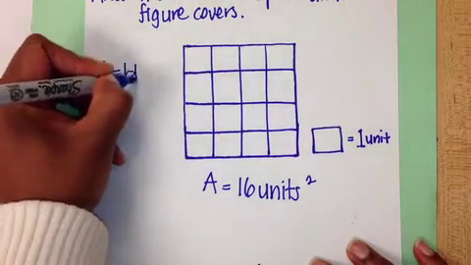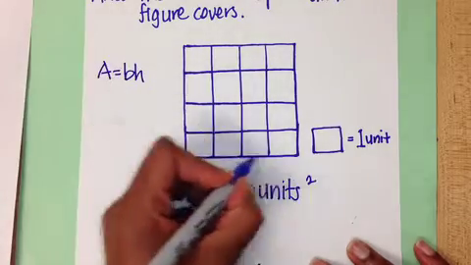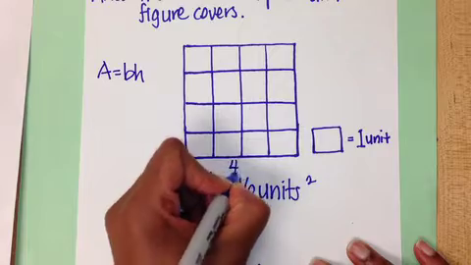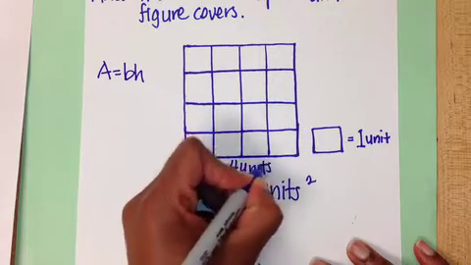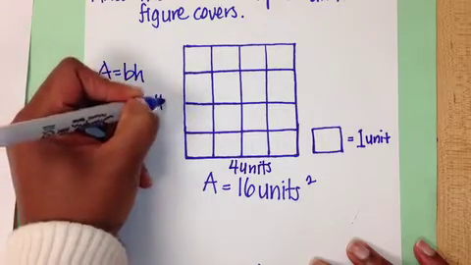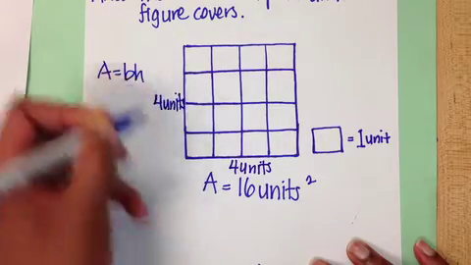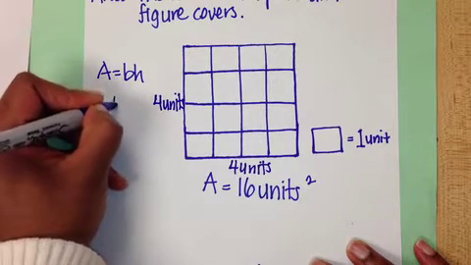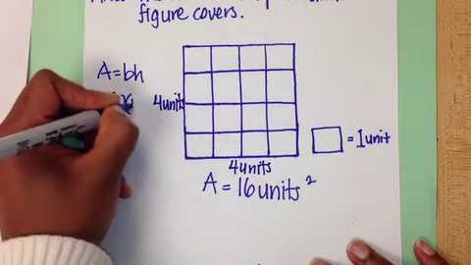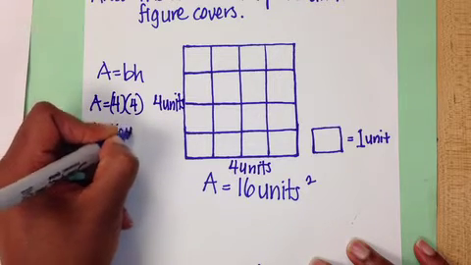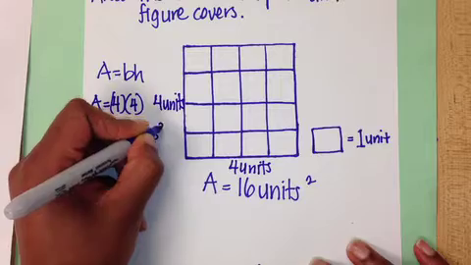We have our base, which is 1, 2, 3, 4 units, and we have our height, 1, 2, 3, 4 units. All we have to do is plug that in. So we have A equals 4 times 4, and that gives us 16 square units.